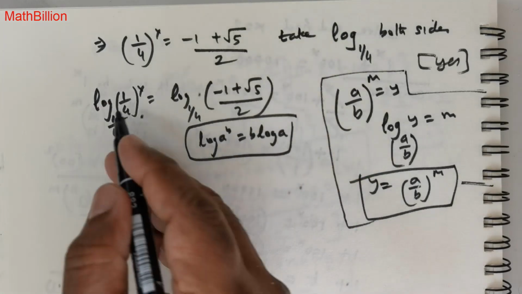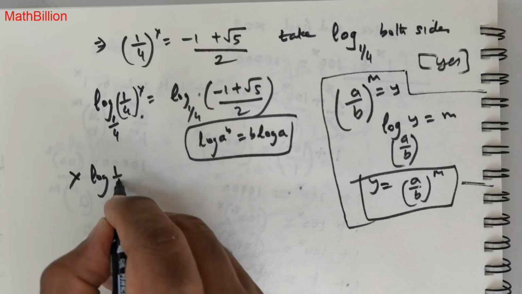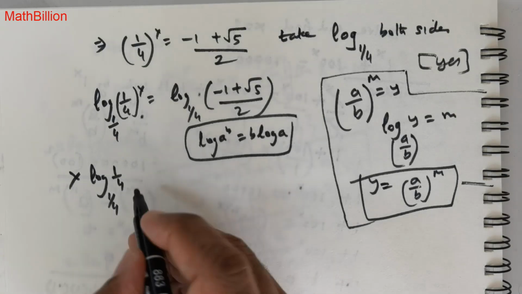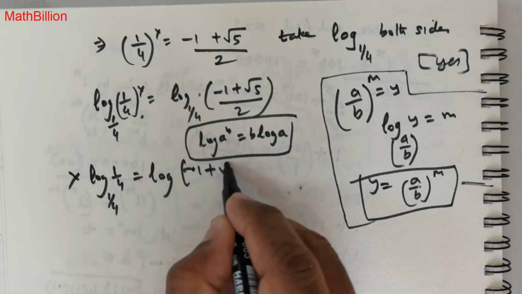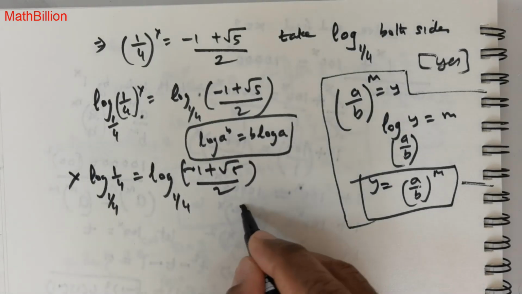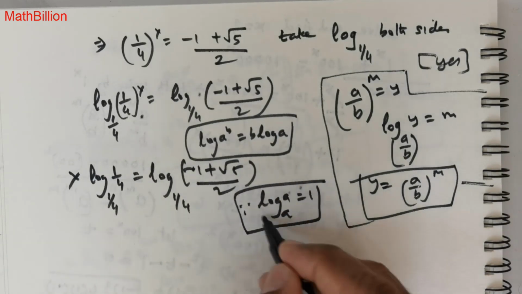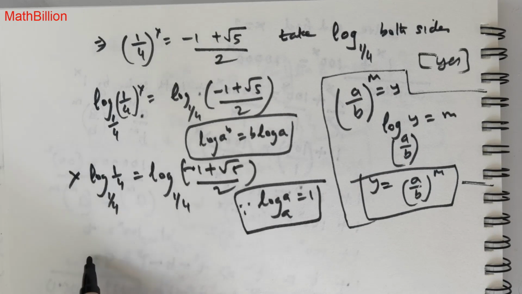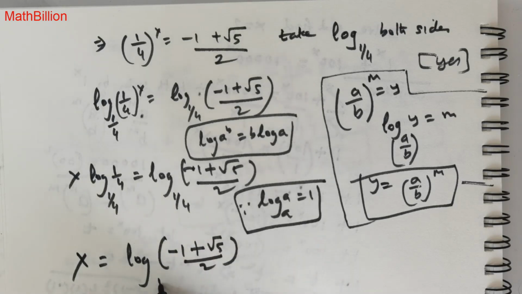Utilizing this, it is going to be x times log of 1 over 4 to the base 1 over 4 is equal to log of (negative 1 plus root 5) over 2 to the base 1 over 4. Now we have another formula, log a to the base a is equal to 1. By utilizing this, it is going to give me x is equal to log of (negative 1 plus root 5) divided by 2 to the base 1 over 4.